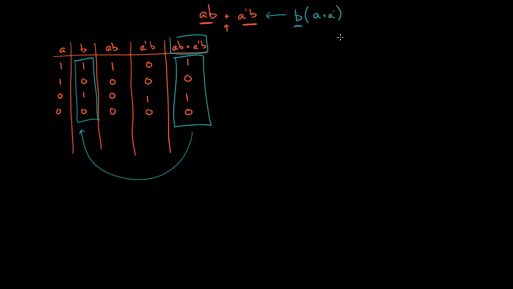So the question is, what is a or not a? Well, both of these can't be false. One of them will always be true, because if a is true, then this left-hand one will be true, and this will be false, or together will give me a true. And then if a is false, then this will be false, and then not false, which is true, so this will also be true.